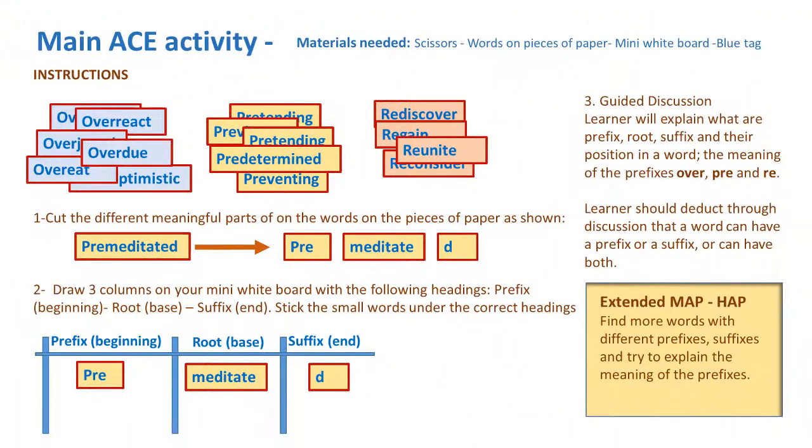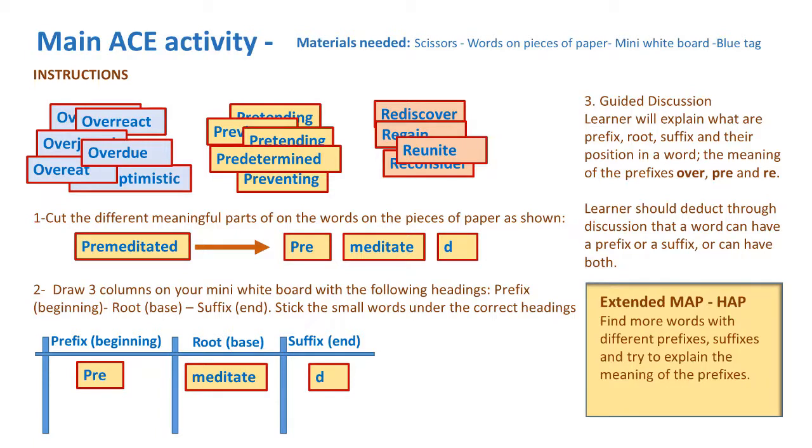The materials needed are scissors, words on pieces of paper, a mini whiteboard, and blue tack. The child will be given 3 sets of colored pieces of paper with words. He will be asked to cut the words into their meaningful sets, draw a table on his mini whiteboard and stick the sets into the corresponding column as shown on the pictures.